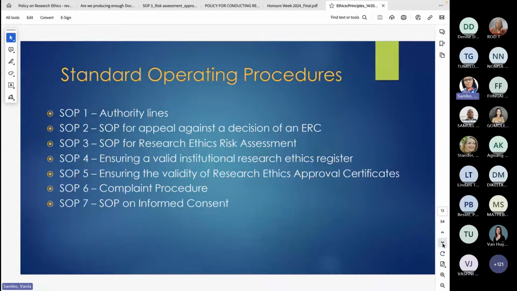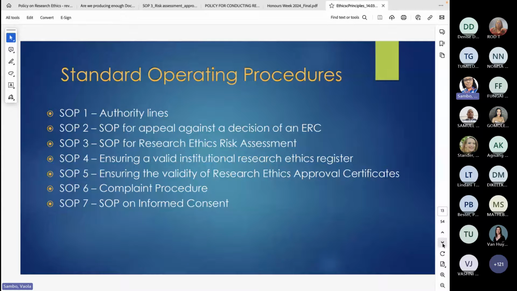This particular SOP talks to, for example, the validity that we can assign or give to a particular application. For example, if a study is considered high risk, then this SOP would guide us in terms of how long the validity that we issue the certificate for should be.